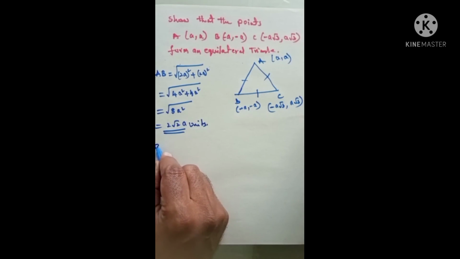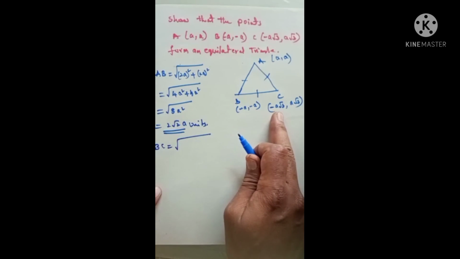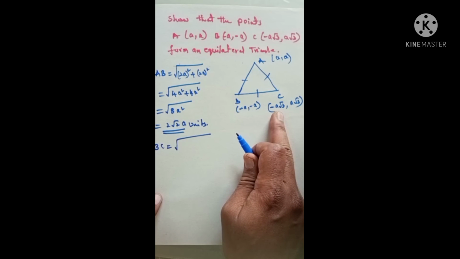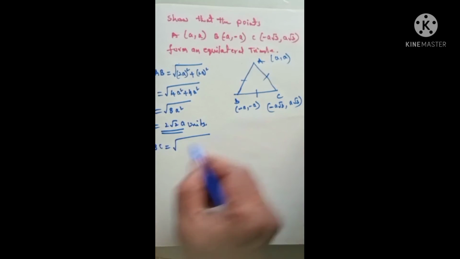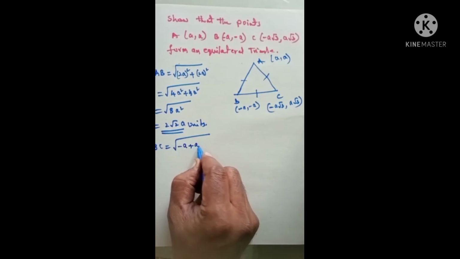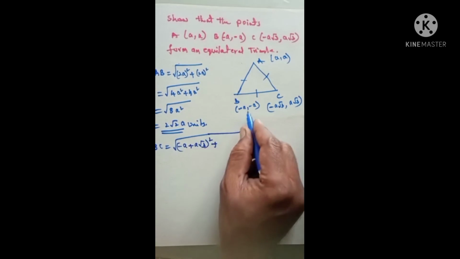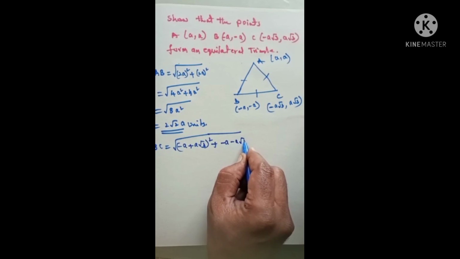Next you can find BC also. If you find BC, the same way: a minus of minus a root 3 means a plus a root 3 whole square, plus minus a minus a root 3 whole square.